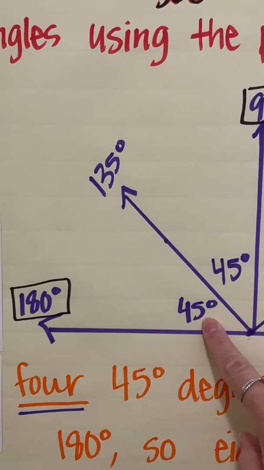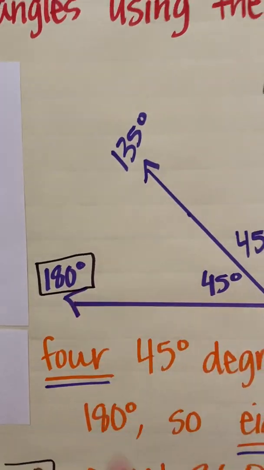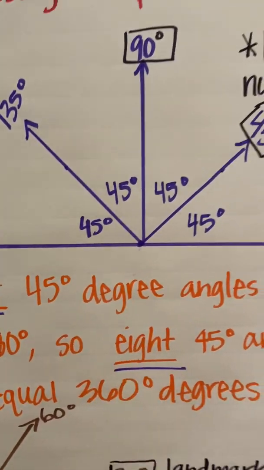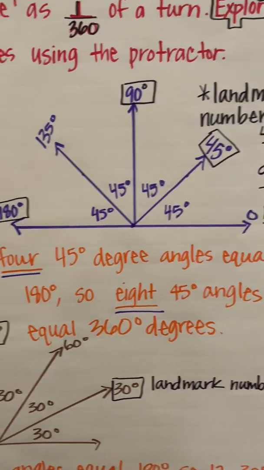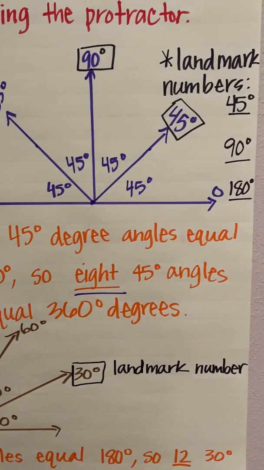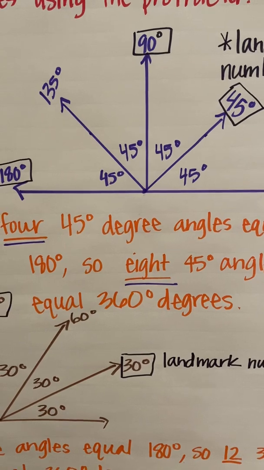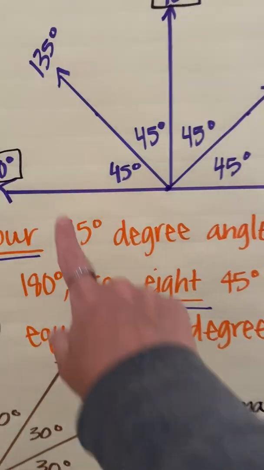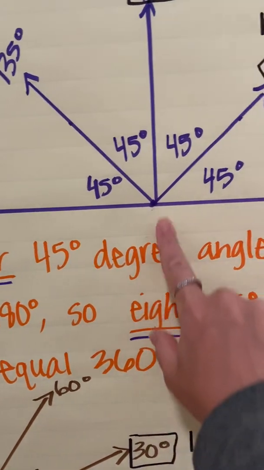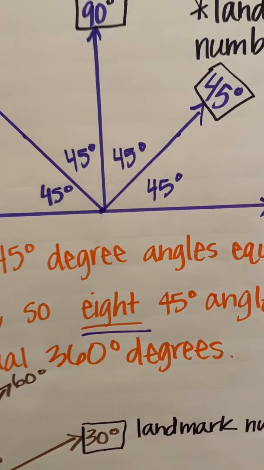Another 45 degrees, 180 degrees. If I keep going, I know that 4 45-degree angles equal 180 degrees. So 8 45-degree angles equal 360 degrees. I would just keep going down, rotating, coming out with my angles to get that full circle.